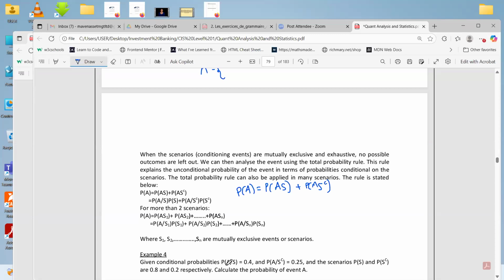So, we know that the probability of event A is given by this formula. But we need to break this further down into what? Probability of A given S multiplied by the probability of S plus probability of A given S complement multiplied by the probability of S complement.